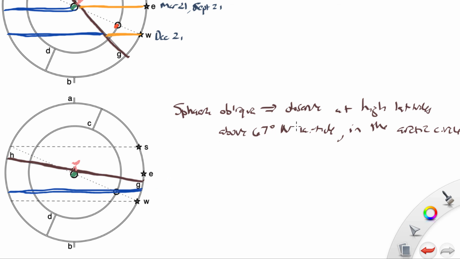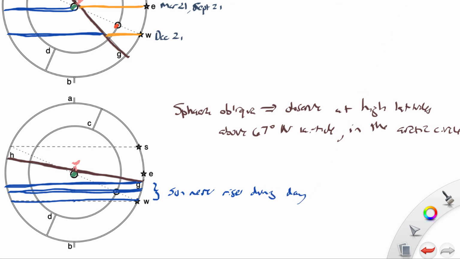That is, there are some times during the year during which the sun is below the horizon for the entire day. So here, all these days. So for this time of the year, the sun never rises during the day.